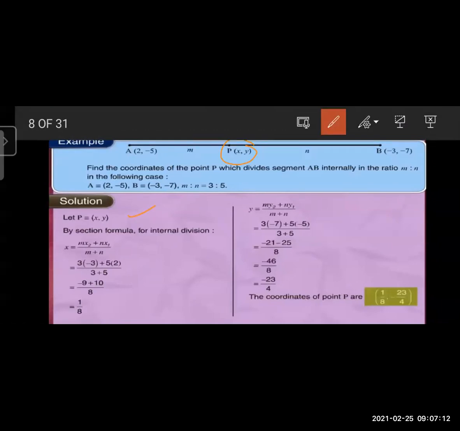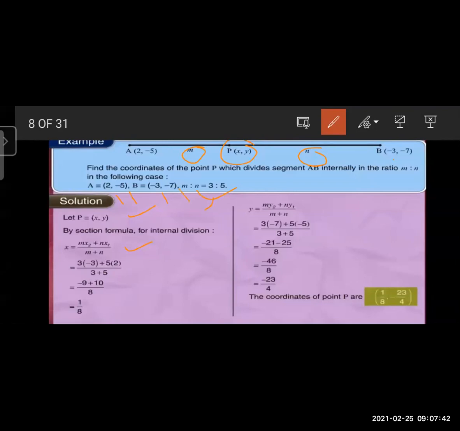By using the section formula for internal division, m into x2 plus n into x1 divided by m plus n. So here we have the values of m, n, x1, x2. We put m is equal to 3 and n is equal to 5, x1 is equal to 2, x2 is equal to -3, y1 is equal to -5, and y2 is equal to -7.